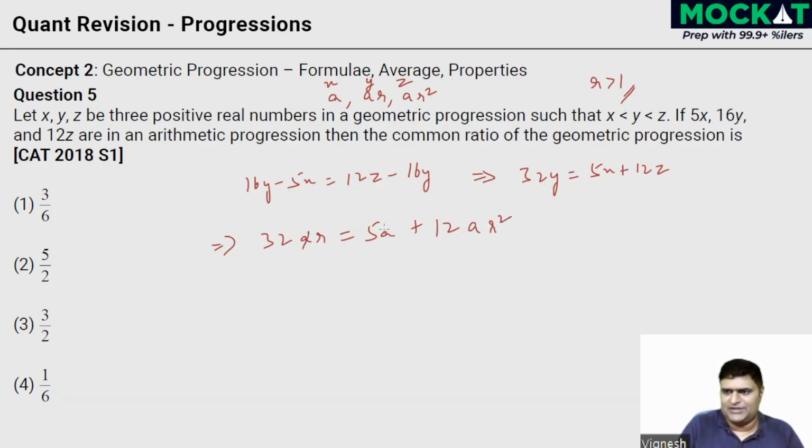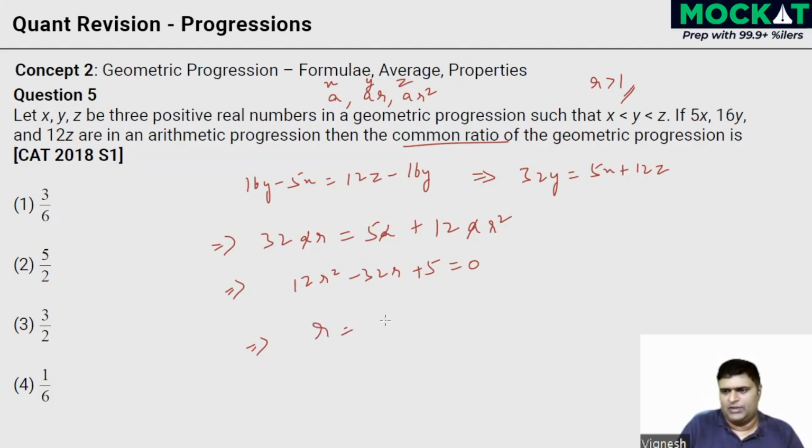I can cancel an A everywhere. And what do I need to find? I need to find the common ratio, R. So 12R square minus 32R plus 5 equals 0. It's actually a plus 5 over here, so 12 into plus 5 is plus 60. Minus 32 can be split as minus 30 and minus 2.